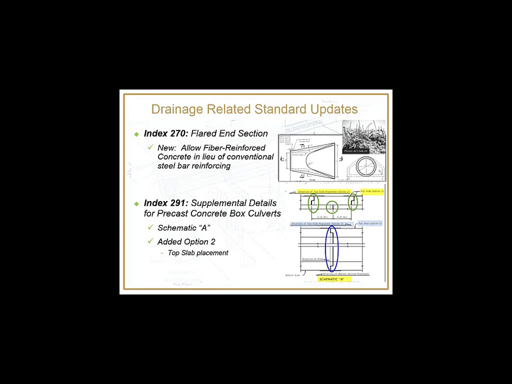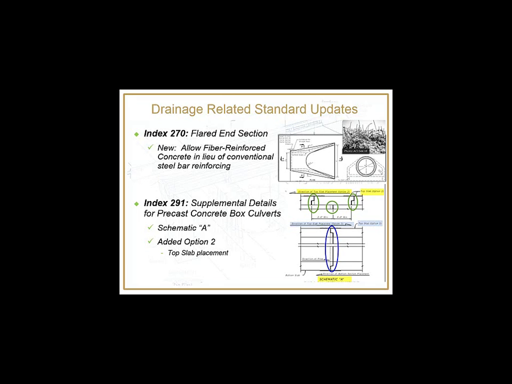Supplemental details for precast concrete box culverts has added an option for placement of the top slab. The bottom detail with the blue circle there really is an emulation of the four-sided, the monolithic box culvert, to ensure that the top slab is restrained if there's some settlement. We have allowed on other projects the option of spanning across the joint with a separate top slab unit to mitigate some potential settlement that may cause.